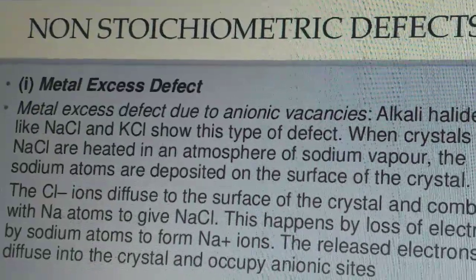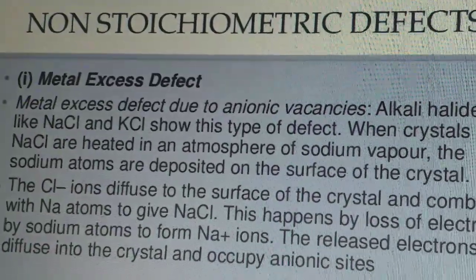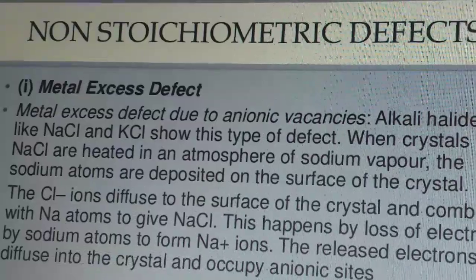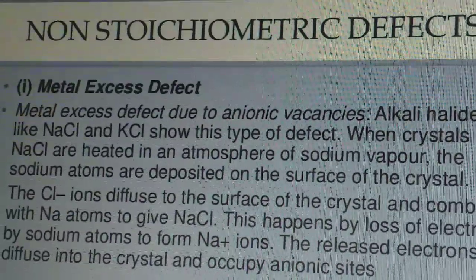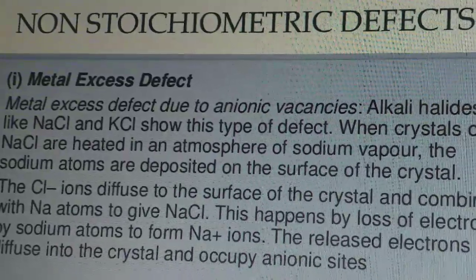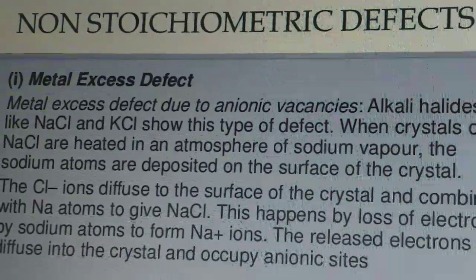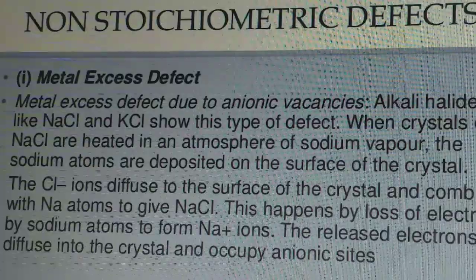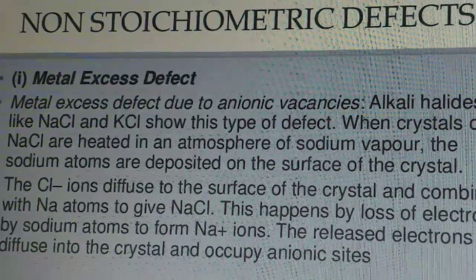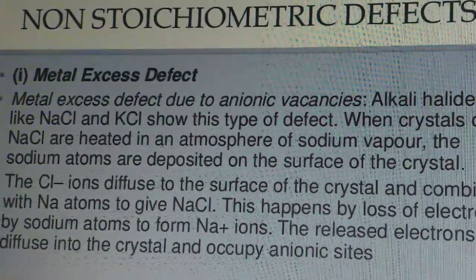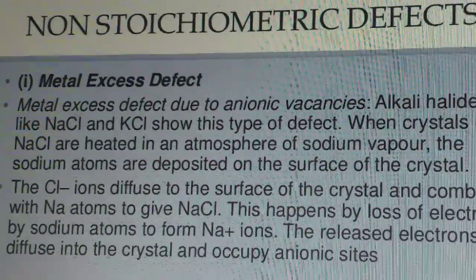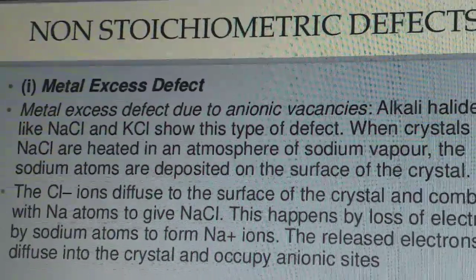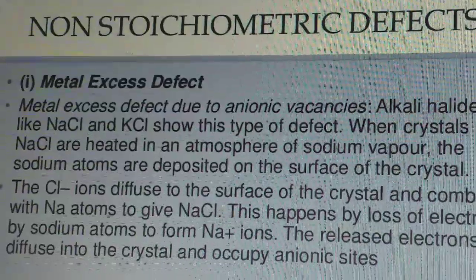So metal excess due to anionic vacancies: alkali metal halides like sodium chloride and potassium chloride show this type of defect. When they are heated in an atmosphere of sodium vapor, the sodium atoms are deposited on the surface of the crystal and Cl- ions diffuse to the surface of the crystal and combine with Na atoms to give NaCl.